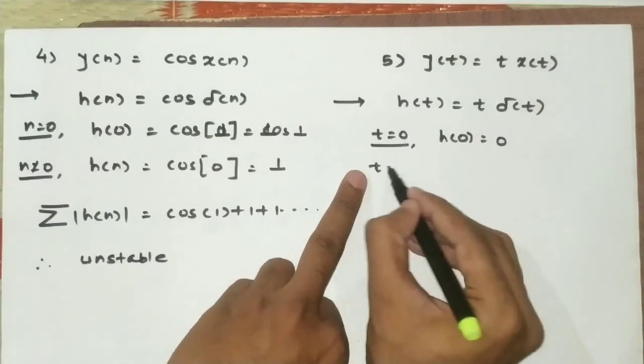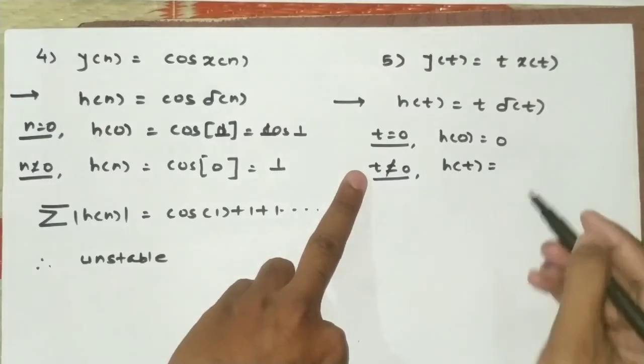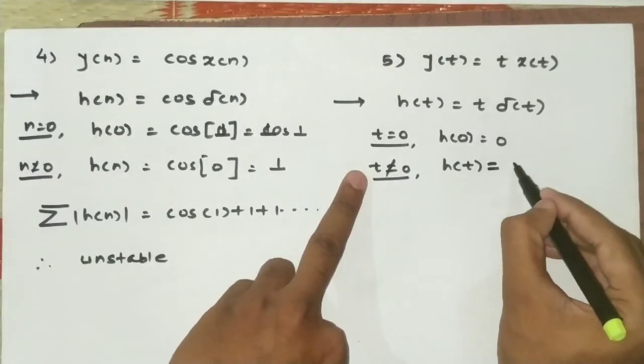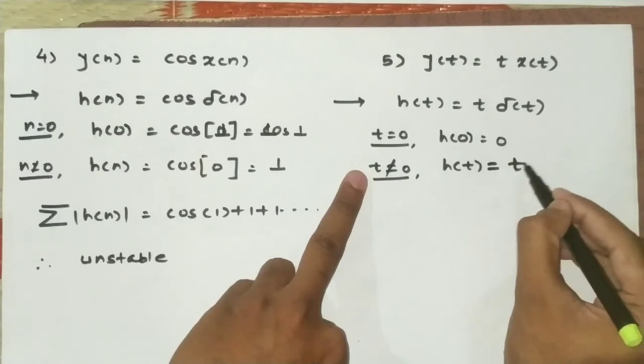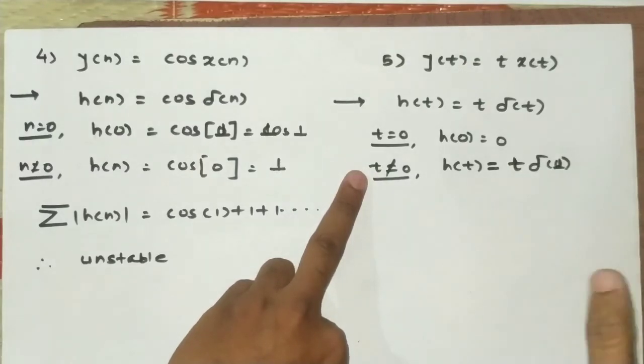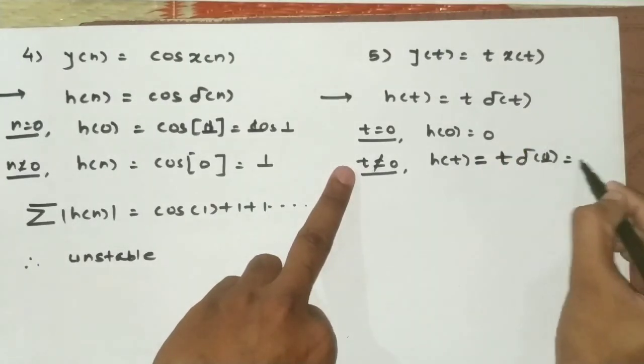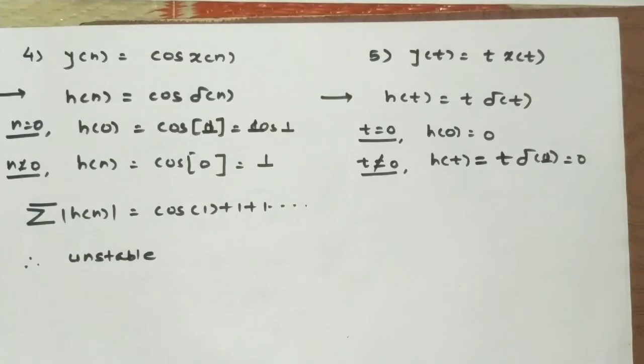But if t is not equal to 0, we'll get h(t) equal to t into δ of 1 or 2 or any value. But this value is 0, and 0 into this is going to be 0. Now in any of the cases, we are getting the sample value as 0.